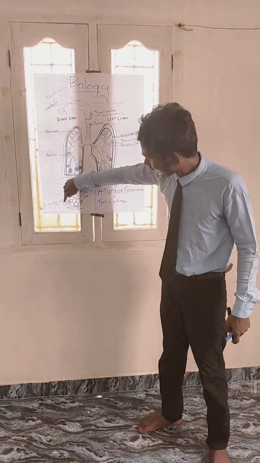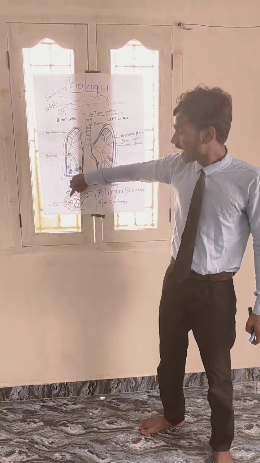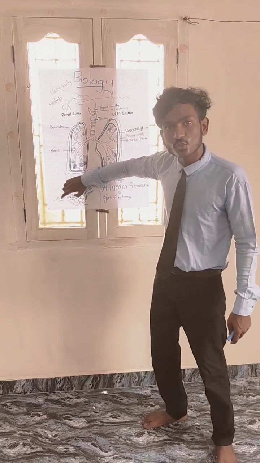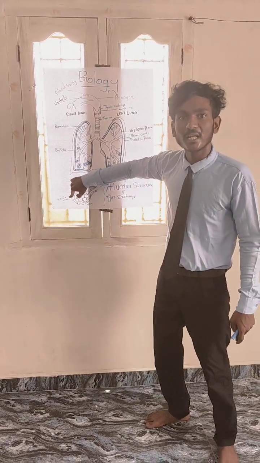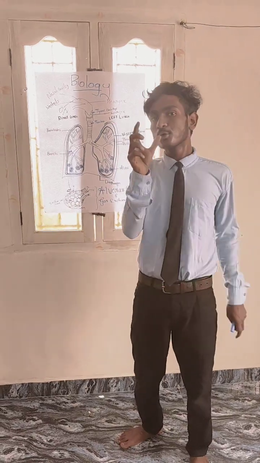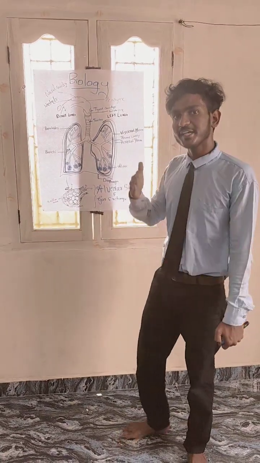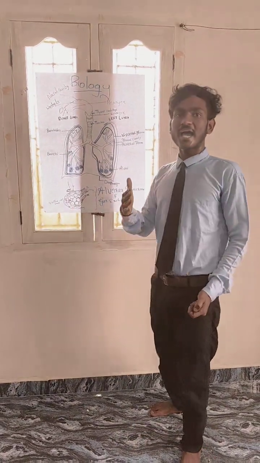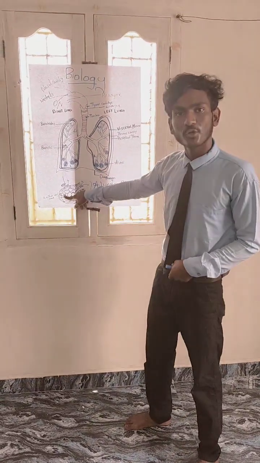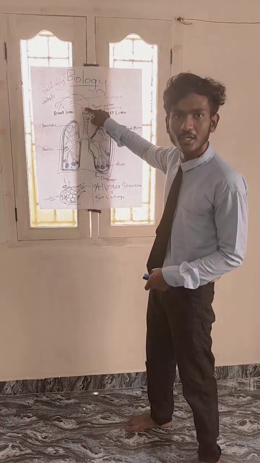This carbon dioxide goes to the alveoli and oxygen from the alveoli reaches the blood vessel, and this oxygen goes to our cells and combines with food particles or glucose and produces carbon dioxide, water and gives us energy. So this carbon dioxide from the alveoli goes back in the same way.